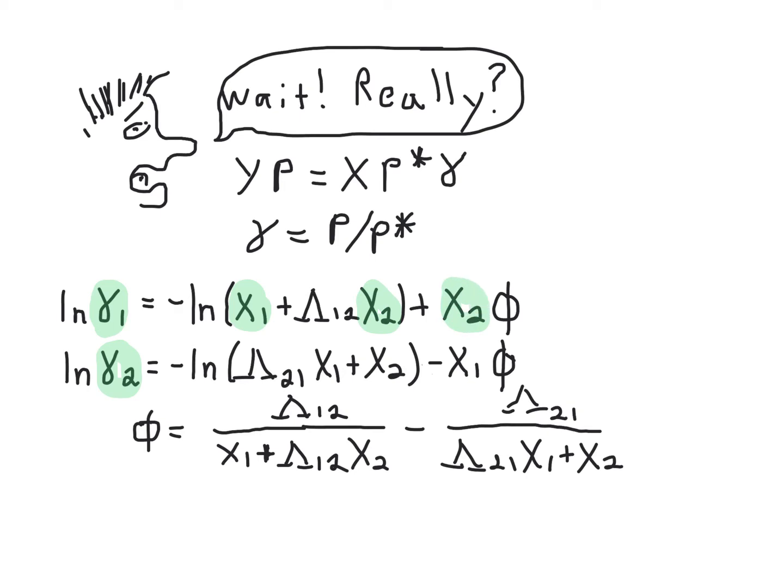And down here in the second equation, we know these compositions. Actually, x2 is just 1 minus x1, right? For a two-component system. And for this phi term here, we know these compositions. And what does that leave us? We have two equations and two unknowns.